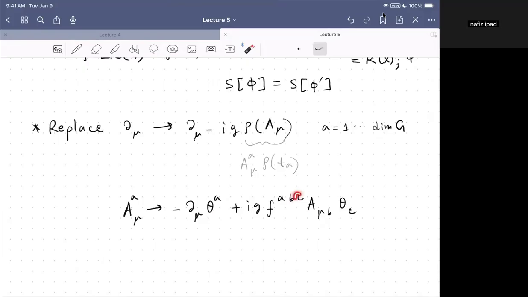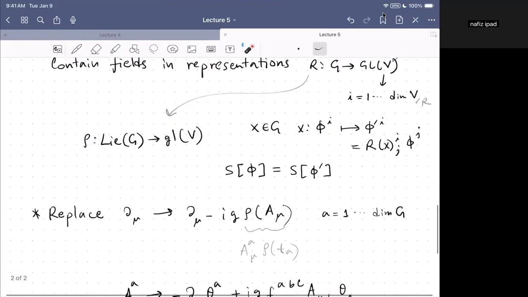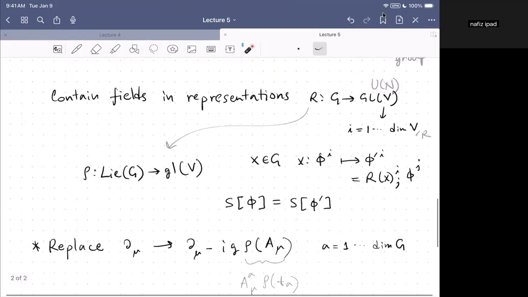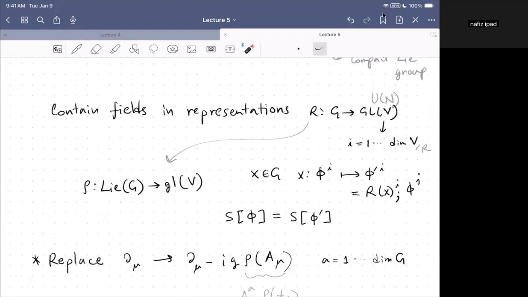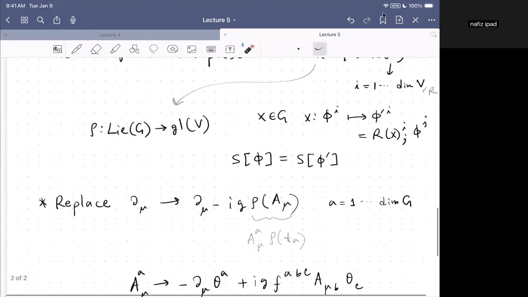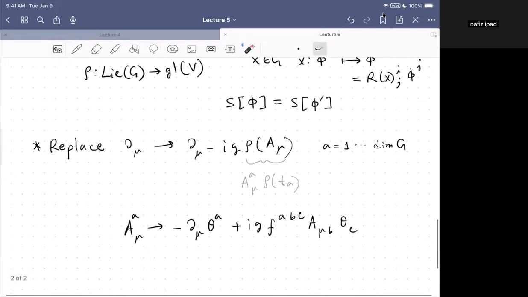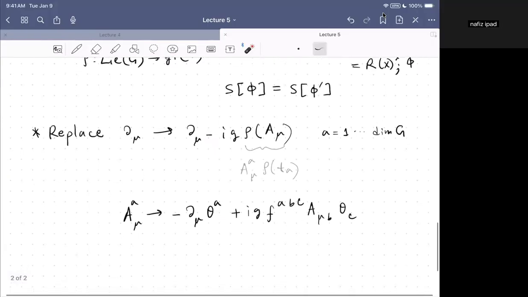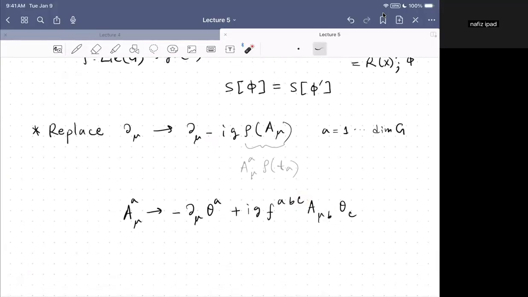So here I am writing upper and lower indices to imply that there's a summation over these indices. But again, remember that for U(N), which is going to be the main example that we discuss, there is no distinction between upper and lower index because you raise and lower index in U(N) with the Kronecker delta, so it's the same.